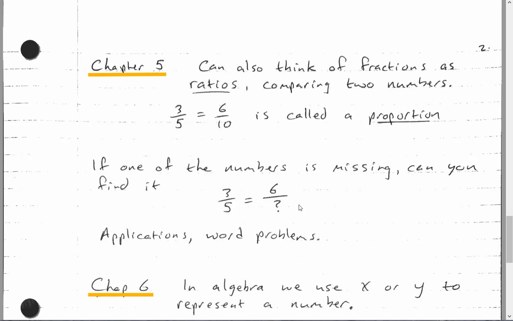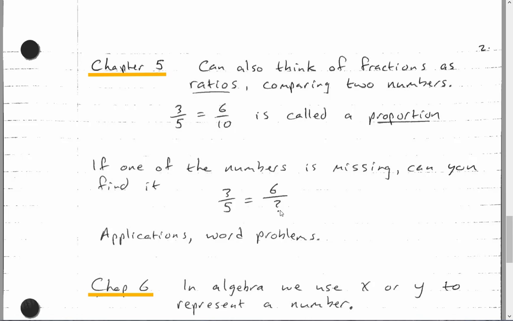You could have this situation: a proportion with one of the numbers missing. So 3/5 is equal to 6 over something. That something has to be 10. So that's finding the missing number. That's called solving a proportion.